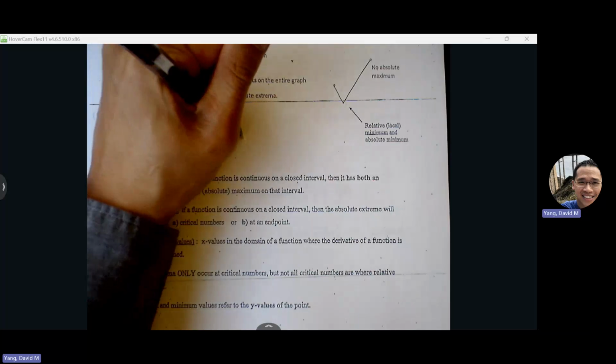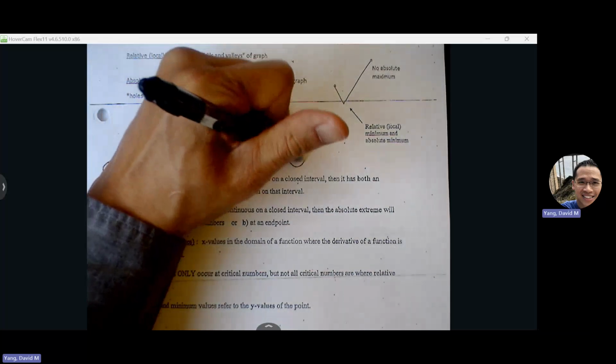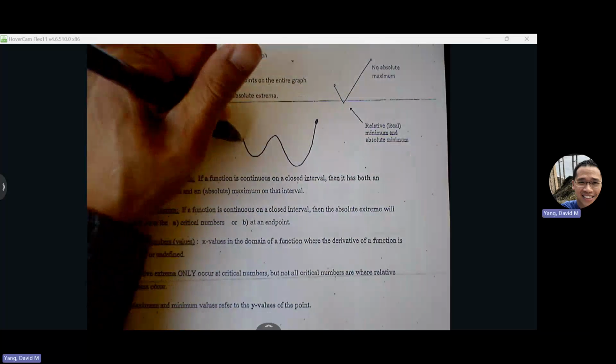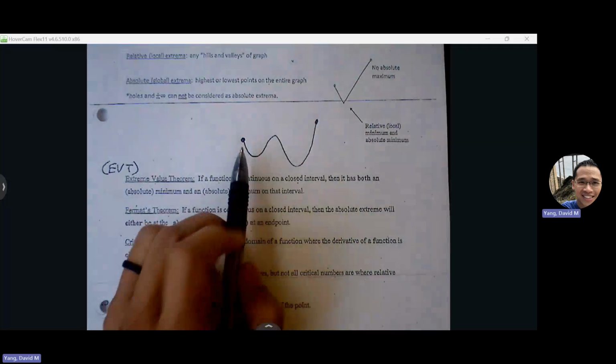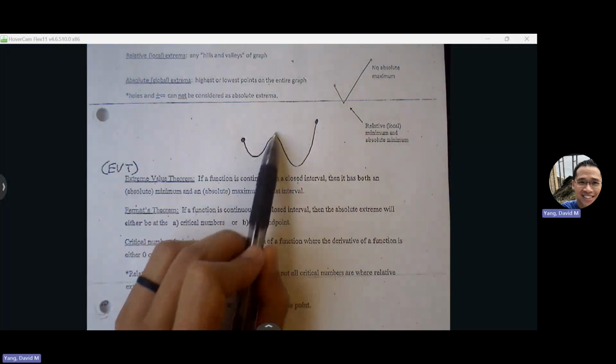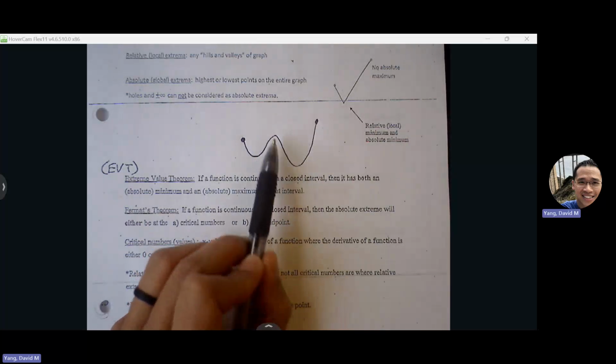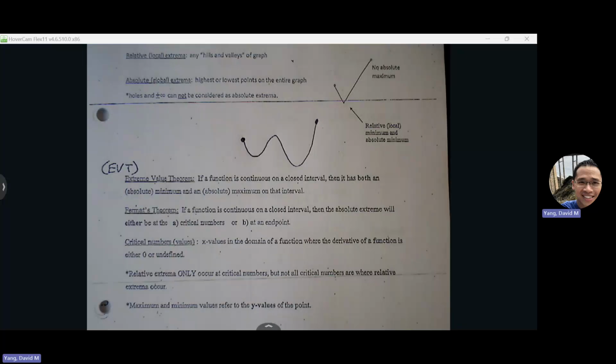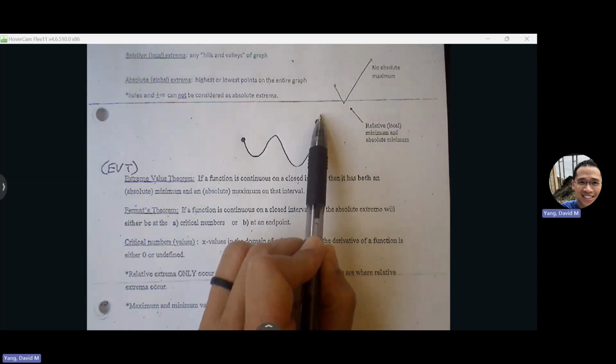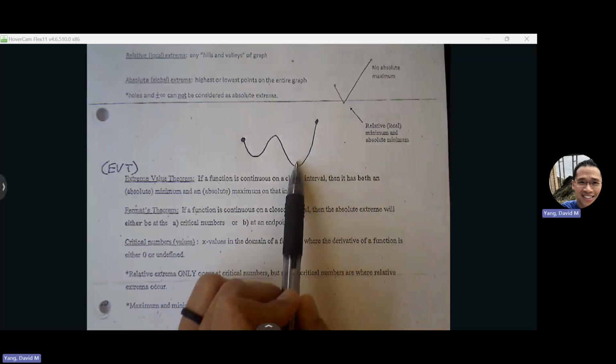So if I have a graph that is connected, it doesn't have to be a smooth curve, it just needs to be connected and it needs to have endpoints, then I'm guaranteed that either the endpoints or the relative maximums, one of them will end up being the highest point, one of them will end up being the lowest point. You could have a shared absolute minimum or shared absolute maximum, but in terms of the highest point, this is the highest point here, that's the absolute maximum, and here we have the absolute minimum.